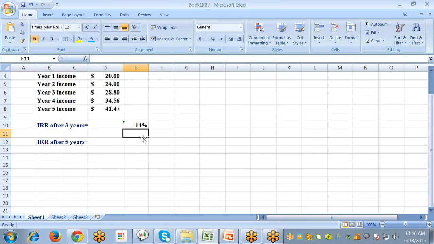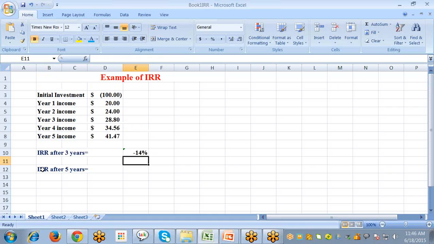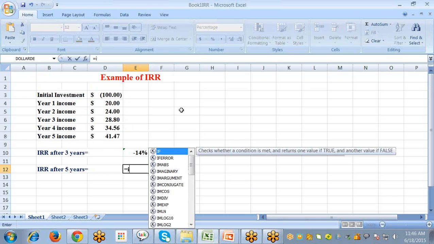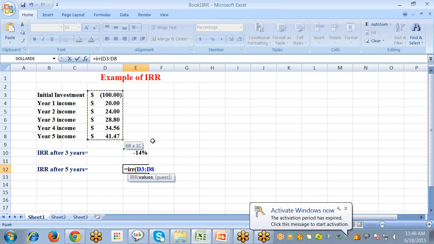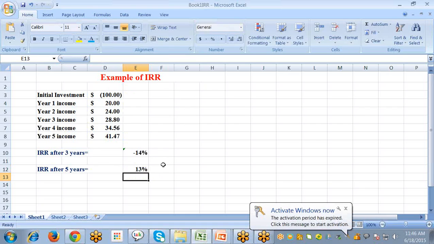So this is the IRR value after 3 years. If we want to calculate the IRR for all the 5 years, then just select the cell, type an equal sign, select the function and pass the values from the initial investment to the last cell, D3 to D8, and enter. So this is the IRR value after 5 years. So this is how IRR is calculated in Excel.